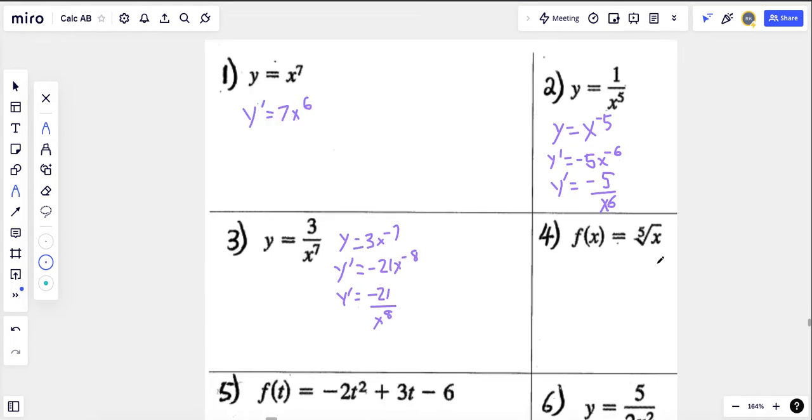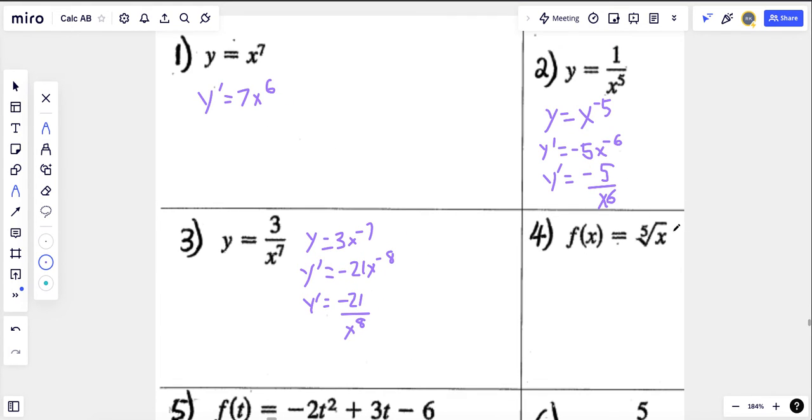Okay. For this one, you want to bring out the power. So it's the same as y equals x to the 1/5. Okay, now we can use power rule now that we see the power. So y prime is equal to, you bring the 1/5 down, then x to the 1/5 minus 1, right?